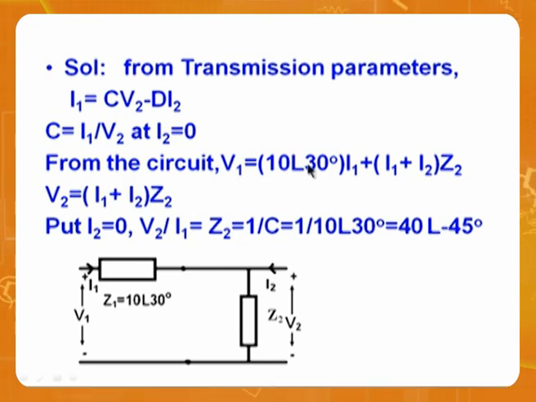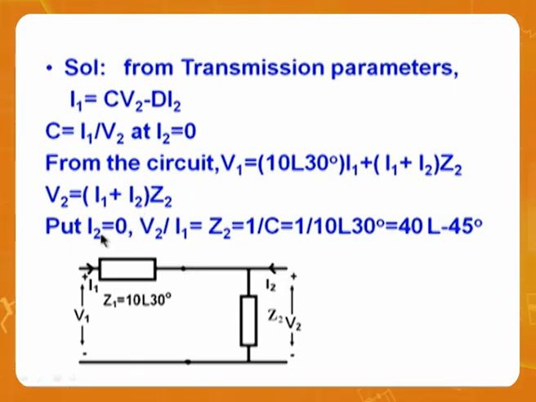What is V1? V1 is 10 angle 30 into I1 minus, and what are the equations possible? This is V1 minus 10 angle 30 I1. Then I1 plus I2 into Z2. So I have taken the equation for V1. I have taken the equation for V2.